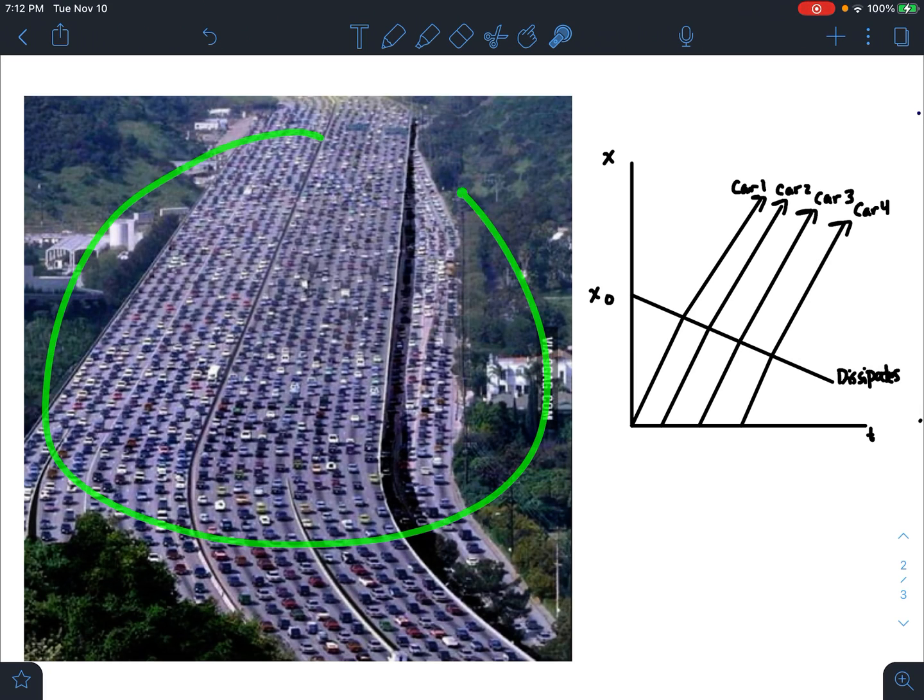So this here is a picture of an 11-day traffic jam. It was recorded, I believe, in... I'm not sure. Let me see what it was. That's the 11-day traffic jam. It was a world record for the longest traffic jam ever.